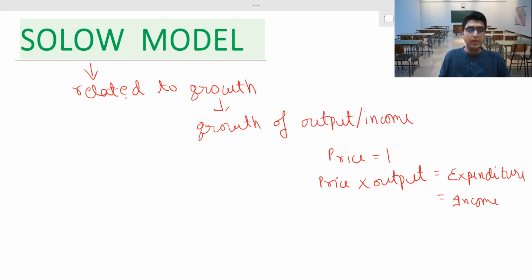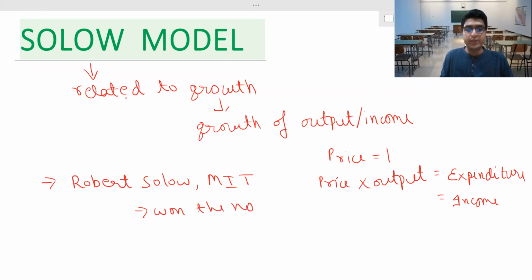So that's why we say that output and income are the same. Okay, all right. So this model was given by Robert Solow, and he was from MIT, and he also won the Nobel Prize for this.